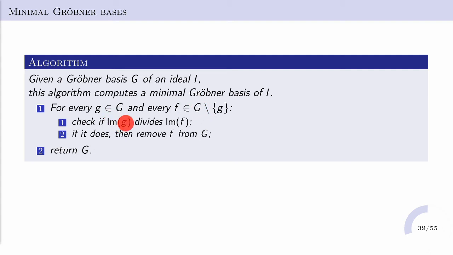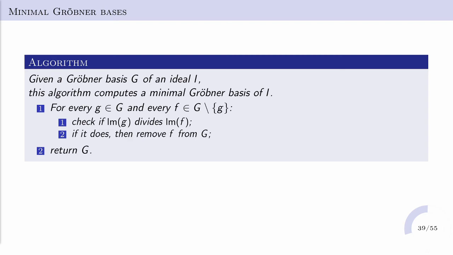If the leading monomial of one of them divides the leading monomial of the other one, then we remove this f from G. And once we have done it for all pairs of polynomials in the Grobner basis, what we get as a result is a minimal Grobner basis.